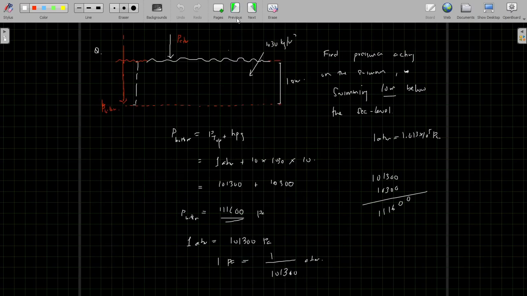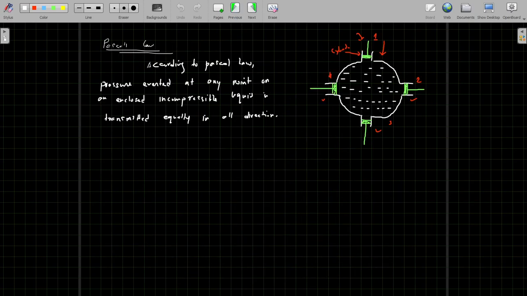According to Pascal's law, which I taught you in the beginning, the pressure given to an incompressible liquid is equally distributed throughout it in all directions. So this was Pascal's law. What this means is that if you have P1, P2, P3, P4, you will see that P1 equals P2 equals P3 equals P4. All of them will be equal.